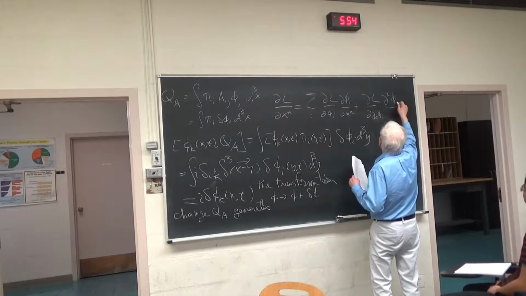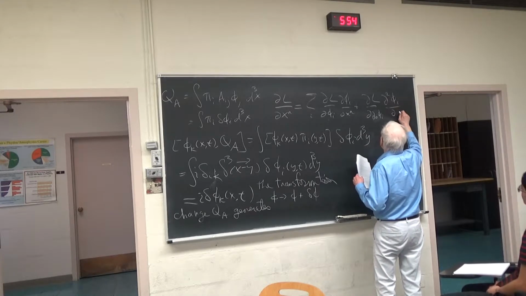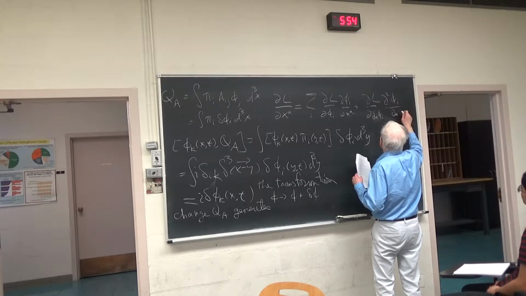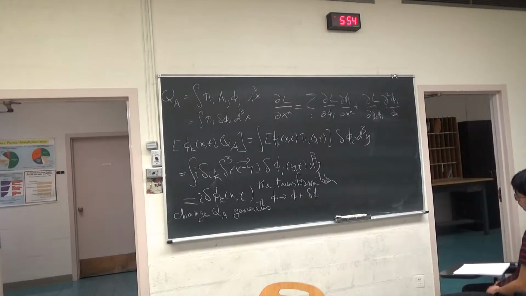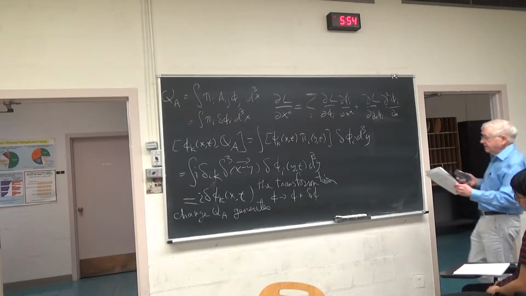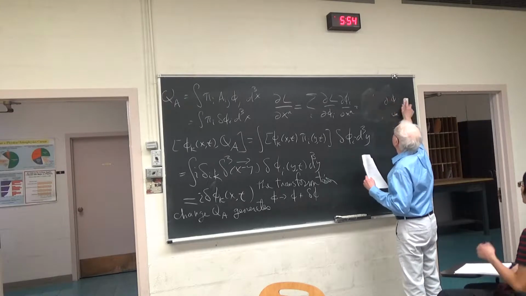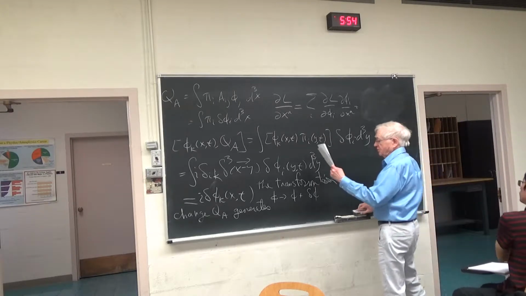Right, so this is the derivative with respect to A. I'm sorry, I've got this screwed up. It should be right in my notes. Yeah, it is right in the notes. So let me just copy it from the notes.